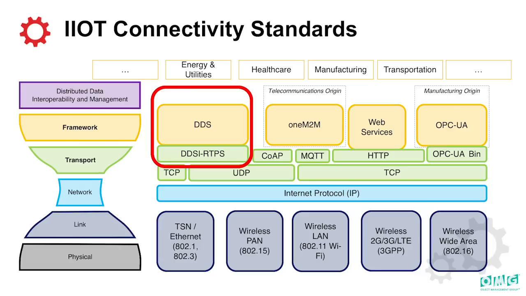So the point being made here is that DDS is in this reference architecture published by the IIC. They identified just 4 technologies as the recommended or predominantly used in industry for connectivity.